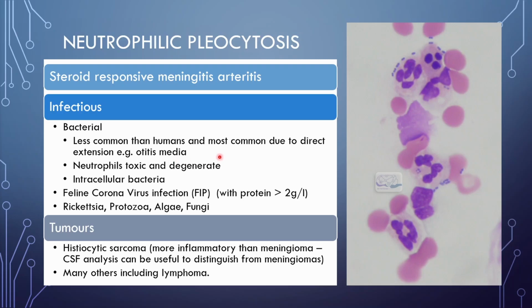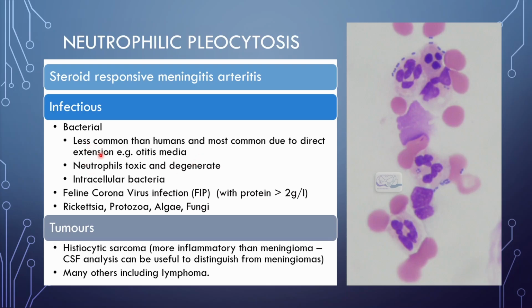So otitis media, and some animals are more predisposed. French bulldogs, for example, are much more likely to have a spread from otitis media than other breeds, probably because of poor drainage and other brachycephalic conformation, or if there's something obstructing the drainage, such as a cholesteatoma or a polyp.